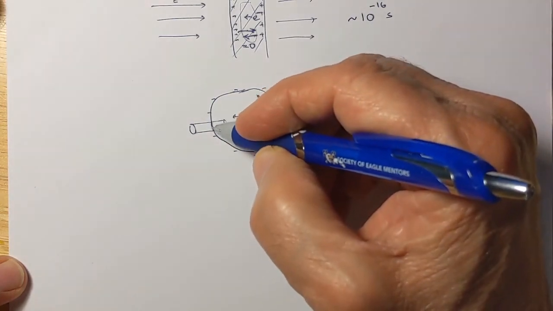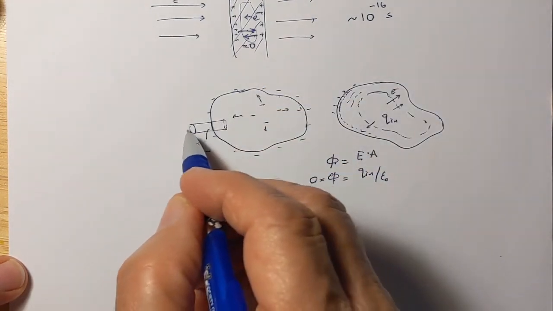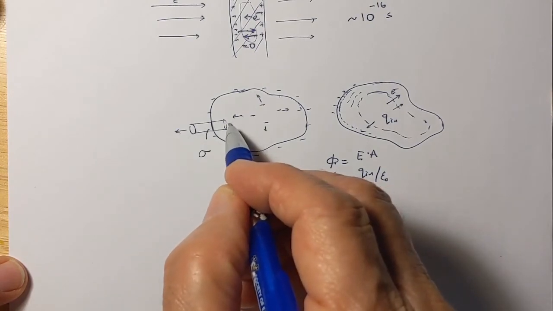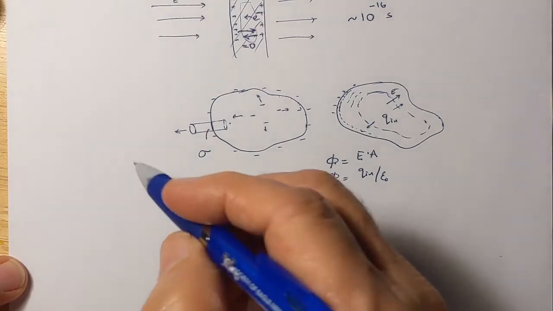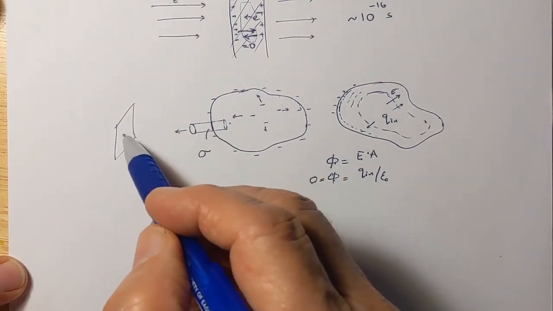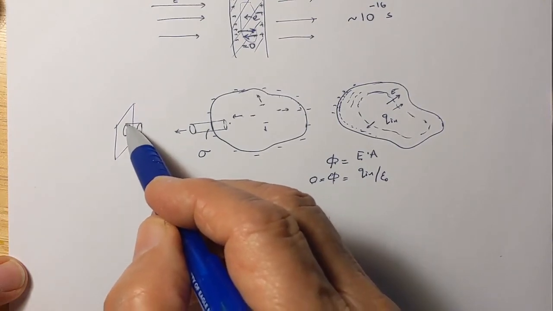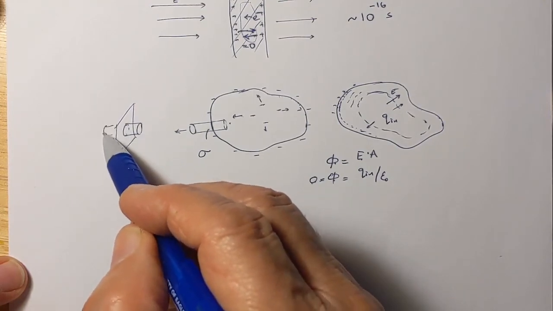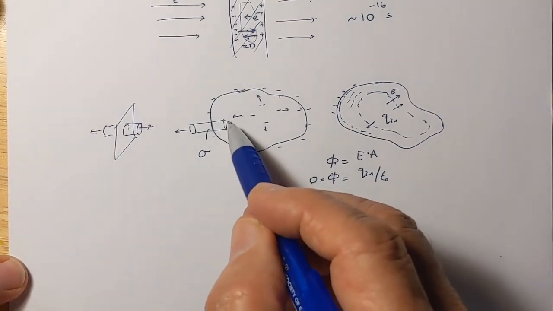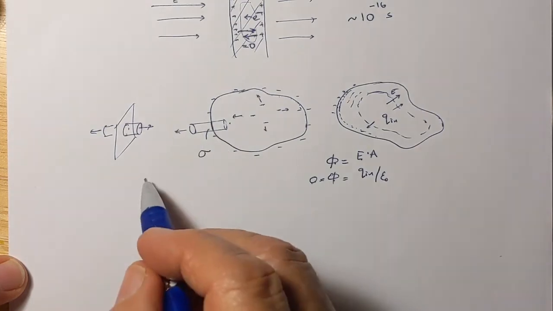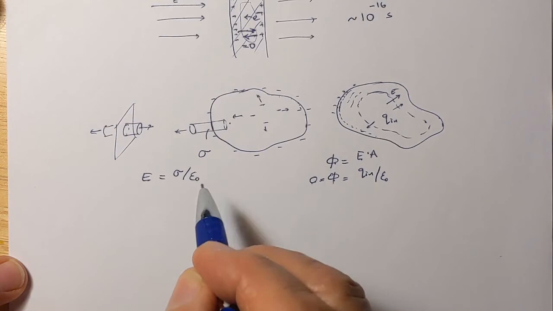The surface charge density here is sigma, and we will have an electric field going out here, but there is no electric field inside. Earlier, with a plane sheet of charge and a cylindrical surface, the electric field went out from both sides. But in this case, the field is only on the outside, and that results in the electric field being equal to sigma over epsilon naught.